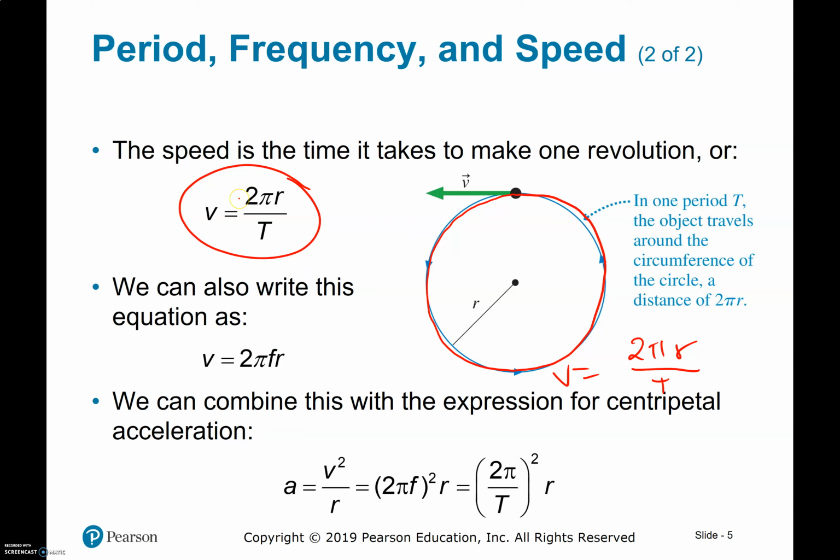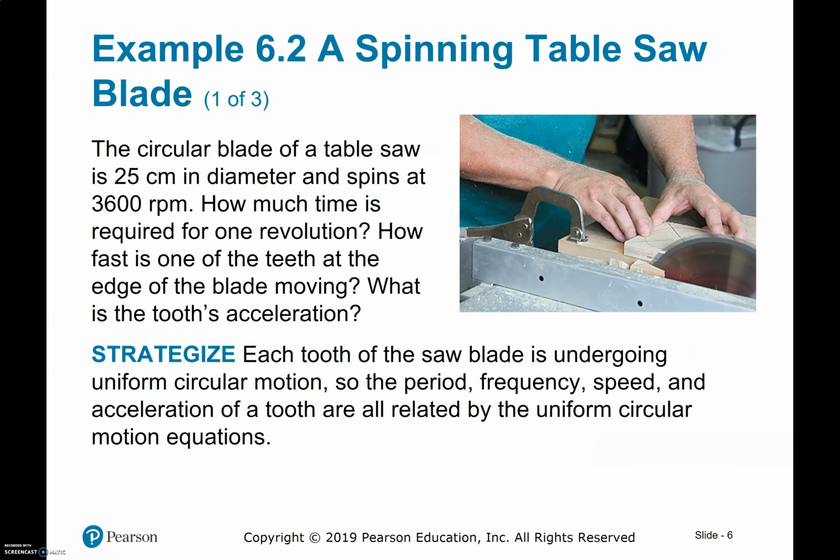Once you have the velocity, then you can plug it in, and you get that the acceleration is 4 pi squared r over the period squared, or 4 pi squared times the frequency squared times the radius. You don't need to memorize these equations. These equations are easy to obtain from one another by using the definition of period and frequency.